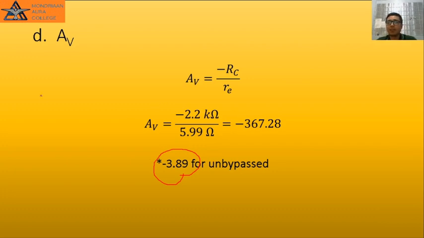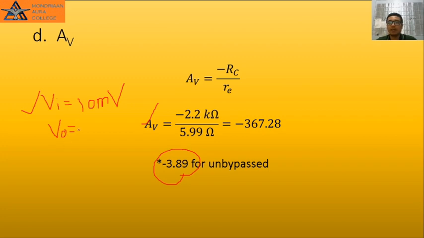For example, meron tayong input voltage na, let's say, 10 millivolts, RMS na lang ulit, para hindi tayo maguluhan dun sa polarity. What would be the corresponding output voltage? As I've said before, ang output voltage natin makukuha pag minultiply ang input sa gain. So, input voltage times the gain is equal to output voltage.